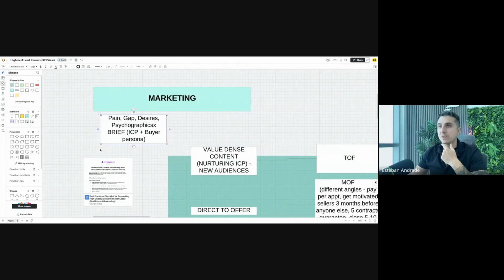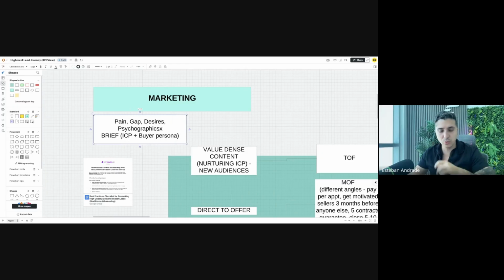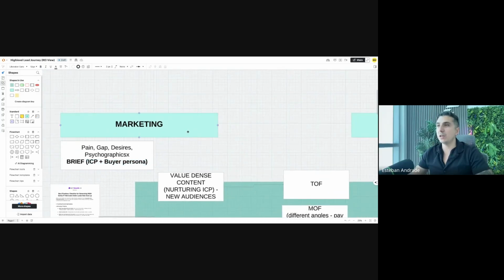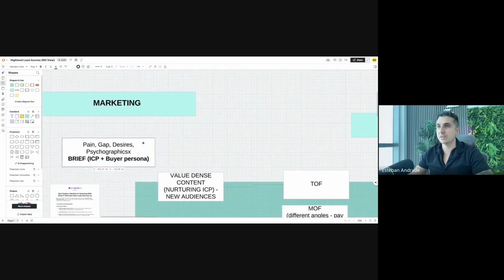And each company should have at least one primary ICP, one secondary ICP, and from 2 to 4, maximum 5 buyer personas, right? I'm not gonna dive into that super deep, but each company should have a specific brief so that they can tell their marketing team or their sales team who it is that we're actually talking to, who it is that we want to focus on, and then you create all the content and the material based on this thing, right?